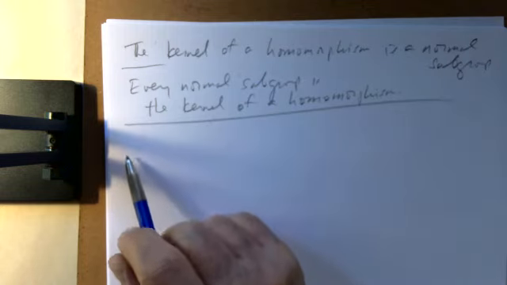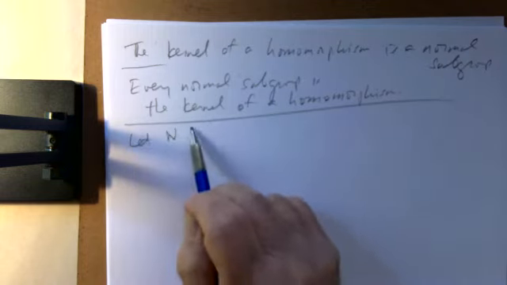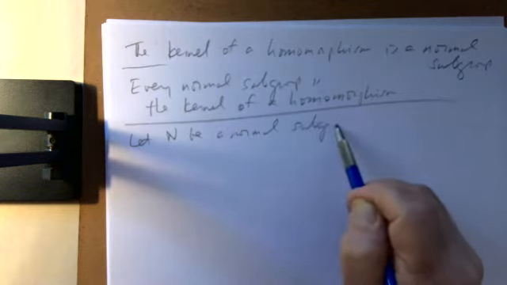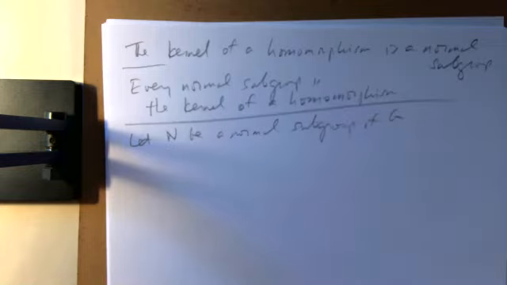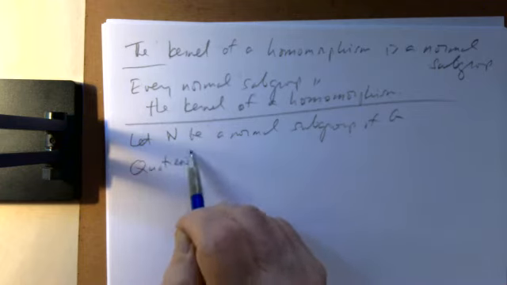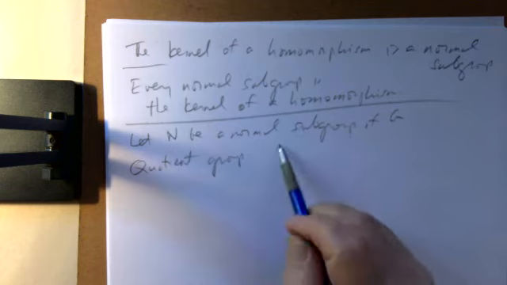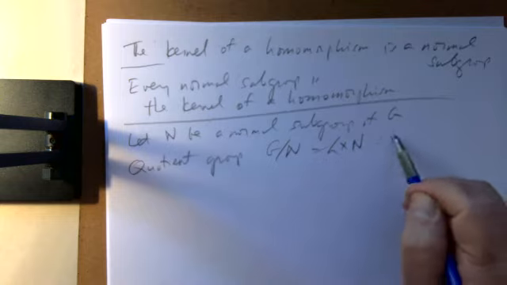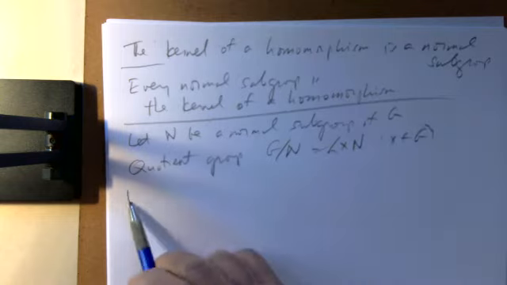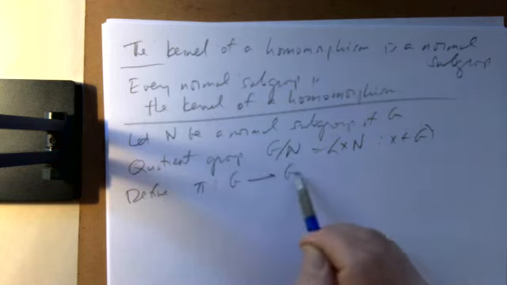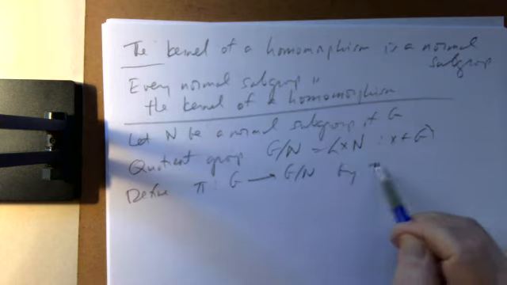Proof. Well, so let N be a normal subgroup of the group G. So we have the quotient group G mod N, the set of all left cosets. And define a function, I'll call it pi, from G to G mod N by pi of x is the left coset xN.